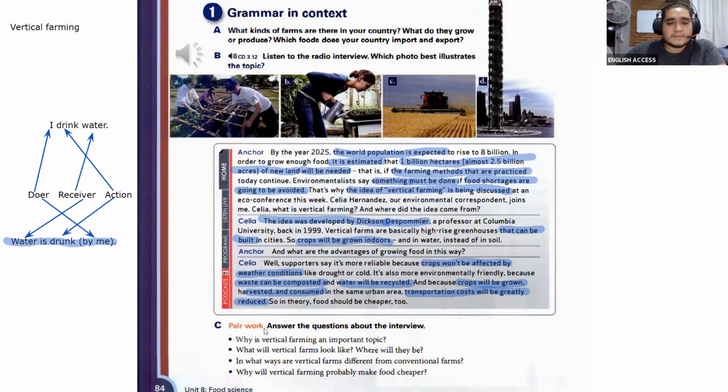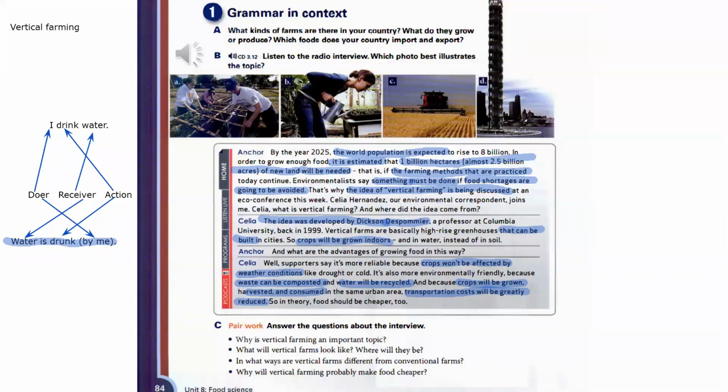Okay, now part C says answer the questions about the interview. So Miss Maddie, can you please read the first question? Why is vertical farming an important topic?